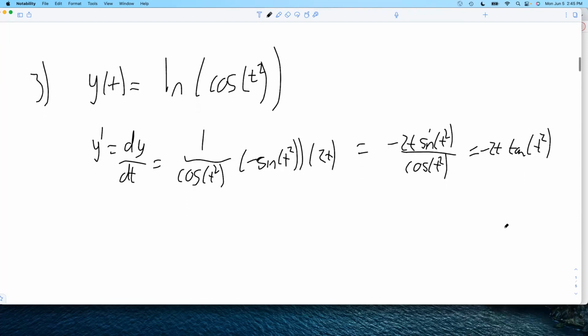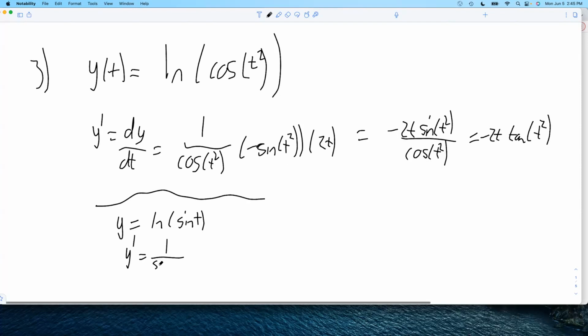So you may have noticed here, like, let's look at this guy. Let's say y equals natural log of sine. Then his derivative would be 1 over sine times the derivative of the inside.